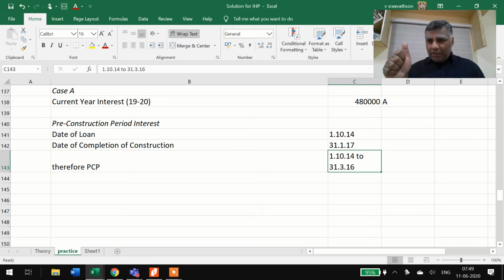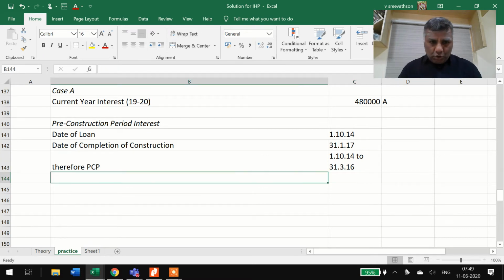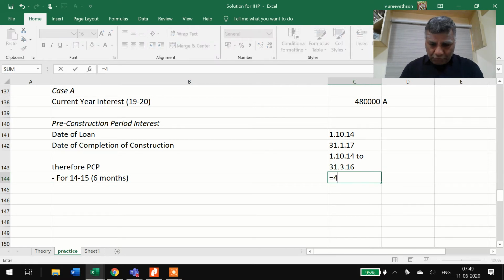14/15, 6 months. 15/16, whole year. Because I got the loan on 1/10/2014, for the financial year 14-15 it is 6 months only, my dear friends. So 40 lakhs into 12% into 6 by 12.